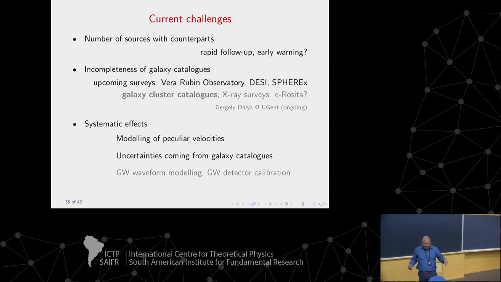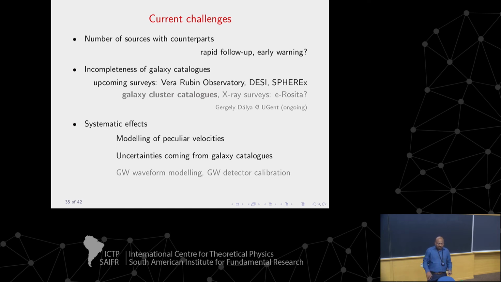So hopefully with more sources, with rapid follow-up of some of the sources, with early warning, that is predicting that a BNS is going to merge even before the merger has taken place, we can have more counterpart detections. On the galaxy catalog side, the limitation is incompleteness of galaxy catalogs. Hopefully with upcoming surveys, we are going to have deeper catalogs providing us better redshift information.